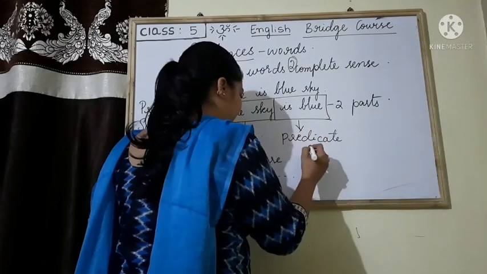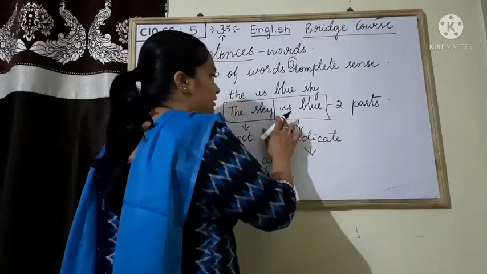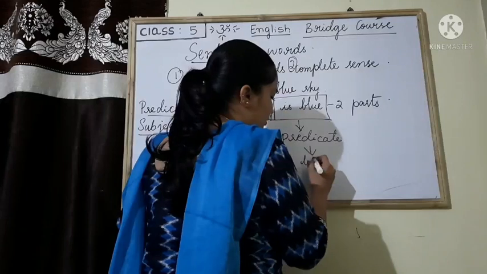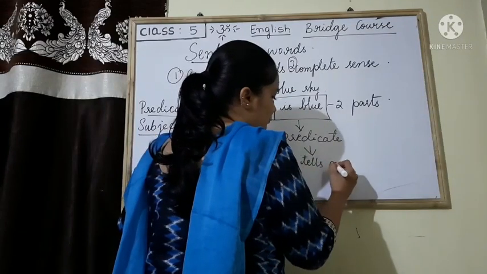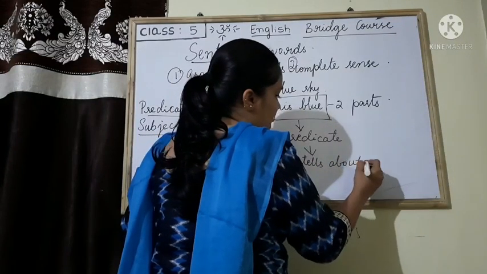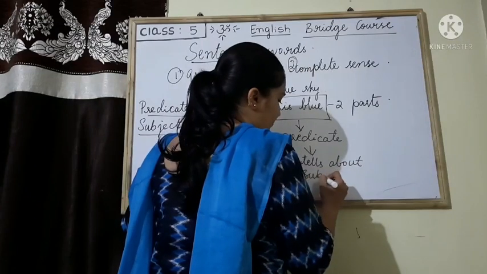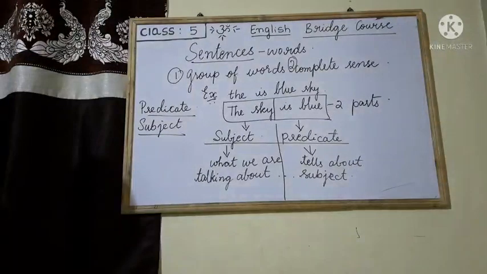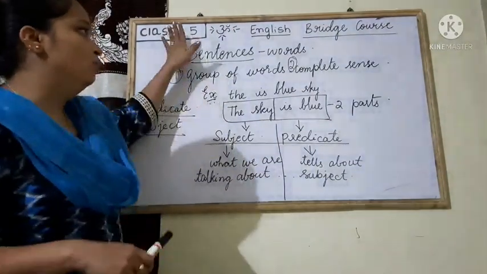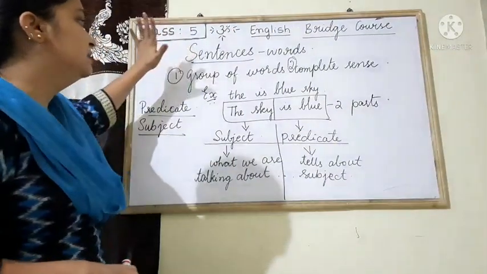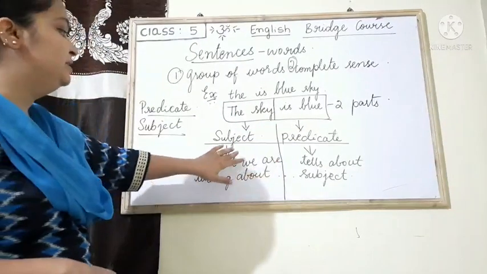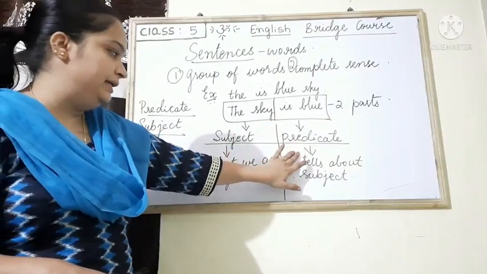So what is a predicate? A predicate always tells about the subject. So I hope you have now understood what sentences are and how they are divided into two parts, namely subject and predicate.